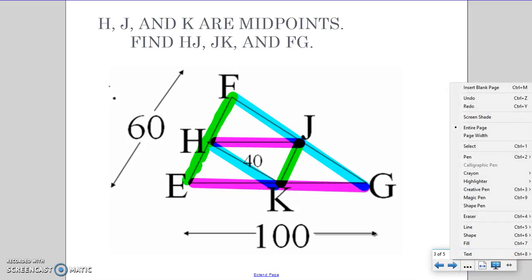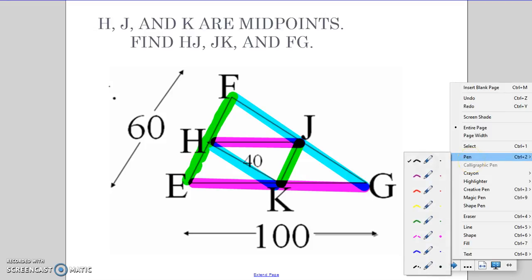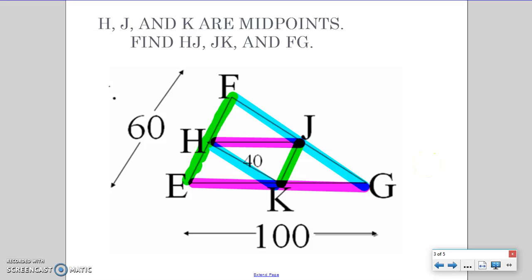So I'm going to use those color coordinated sides to help us figure out these missing pieces. So I'm going to start with HJ, since that's the first thing it's asking us to find. HJ is related to EG.